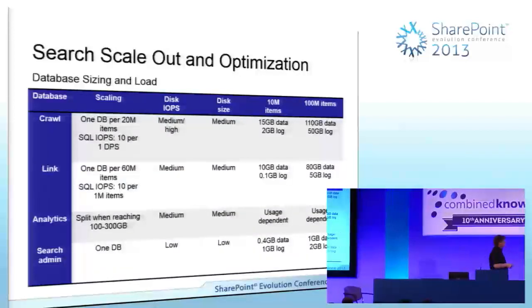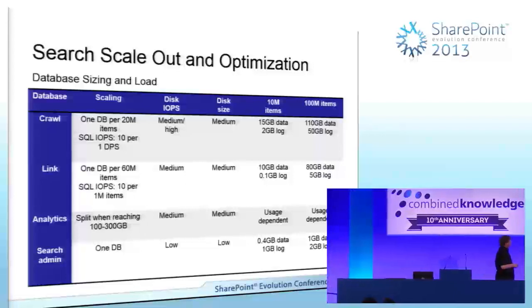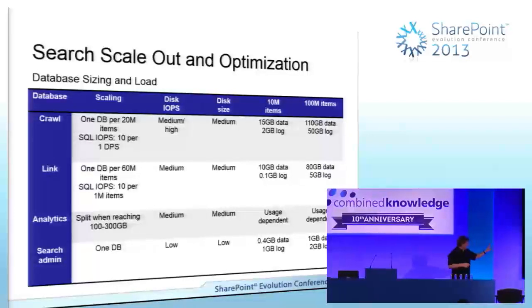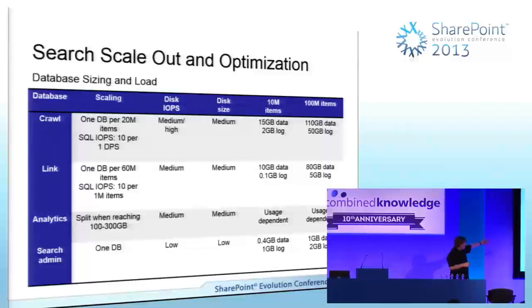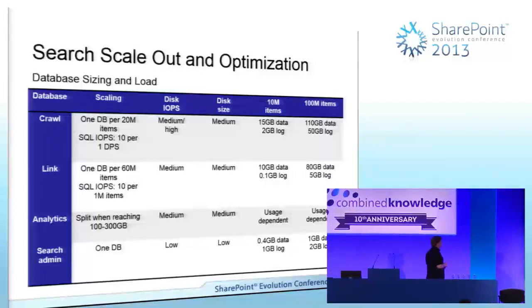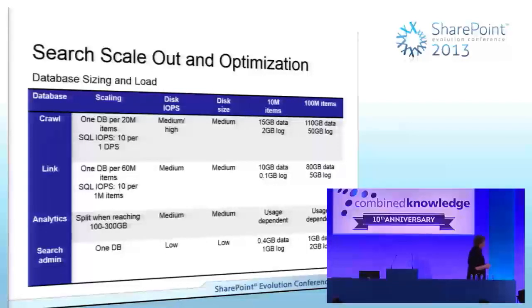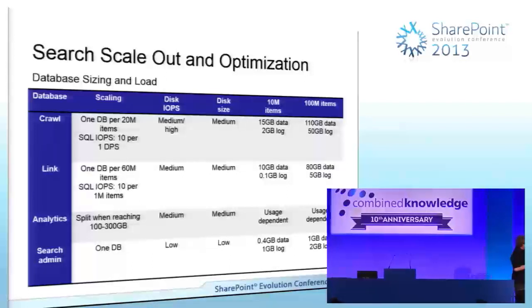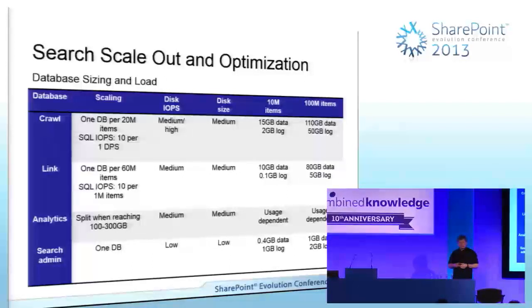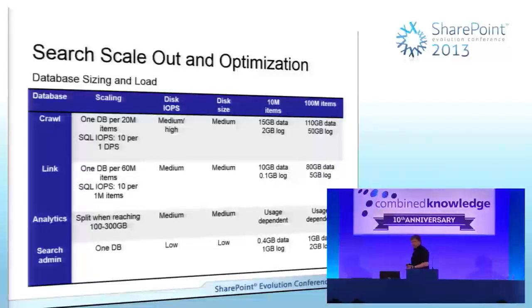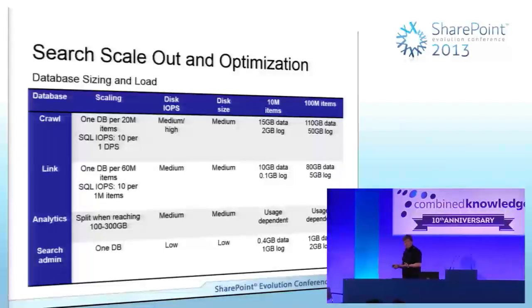From a scaling perspective, and we'll talk more about this on Wednesday, these are just kind of rough guidelines. It gives you an idea about the different databases, so the 4 that we have: crawl, link, analytics, and administration. And rough guidelines in terms of how big they might get. I don't know how big your search platforms are. When you get to 10 million items, 15 gig of data in a crawl DB is quite small. In 2010, when you had all the anchor processing stuff in there as well, that could be quite a big database.